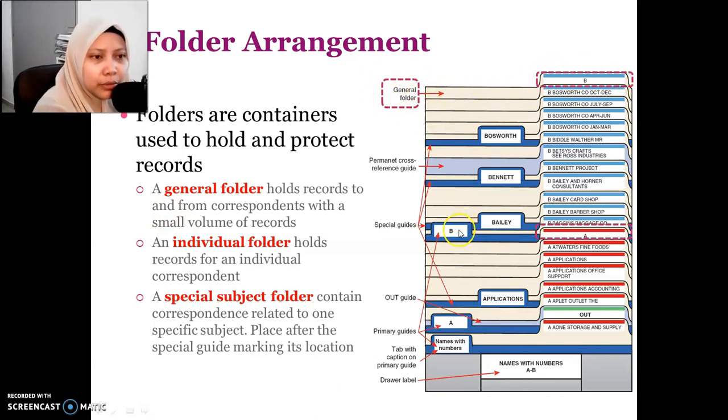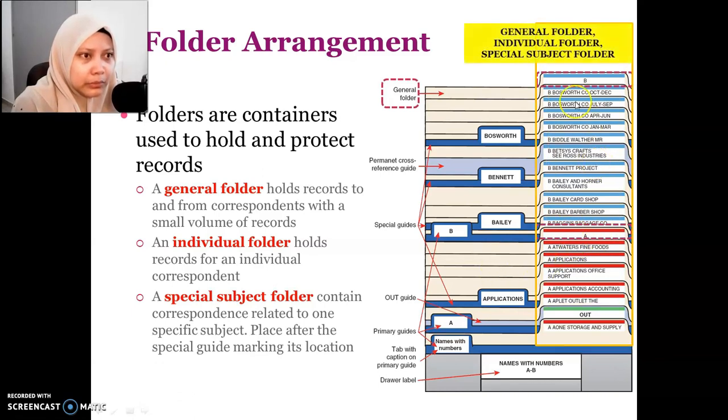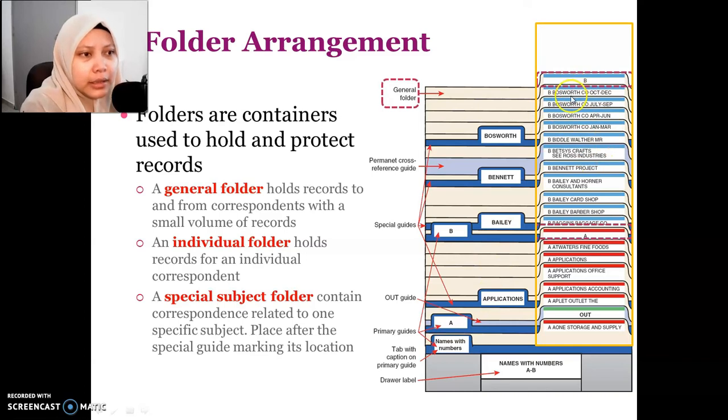For every alphabet, for B we have barley, bannock, Bosworth, but there will be one general folder for B at the end of the B, and for A they have a general folder here. These two. The individual folder holds the records for an individual correspondent.